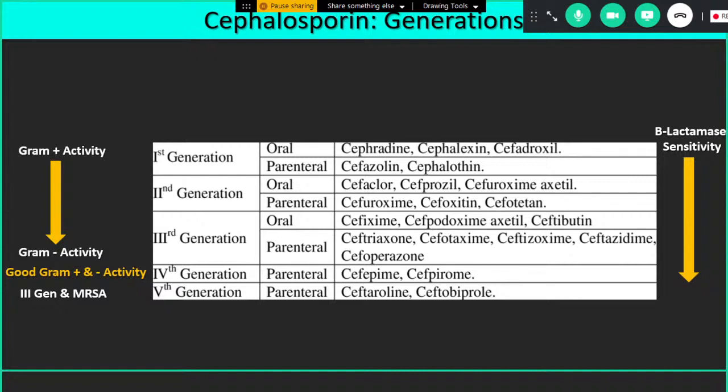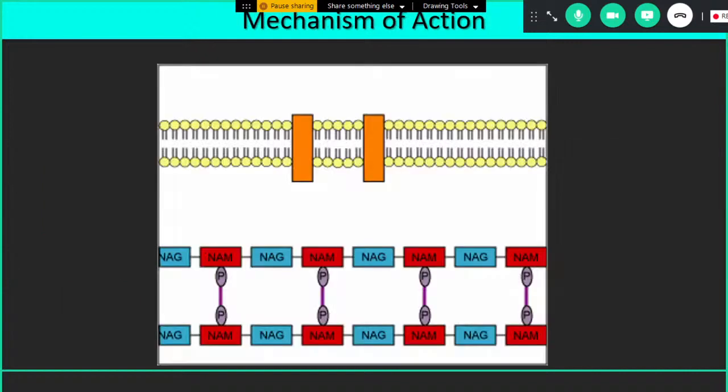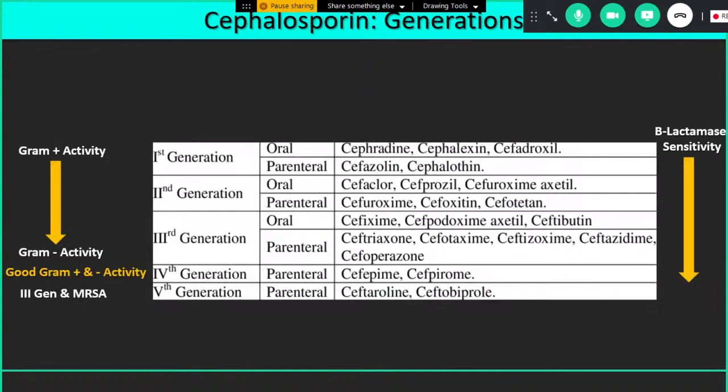So beta lactamase sensitivity is decreasing from first to fifth generation. That is the major difference between them. We'll go through each generation separately, and then we'll be able to understand the basic indication of them. If we see the mechanism, you already had the class on penicillin, so you already have some idea about the mechanisms.